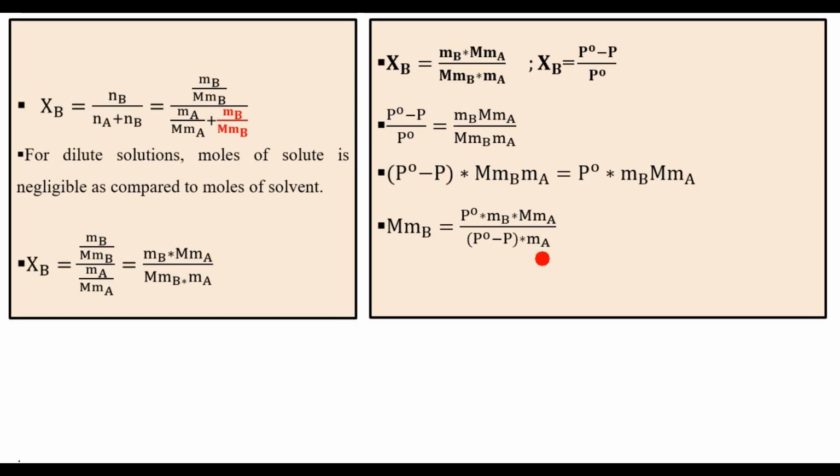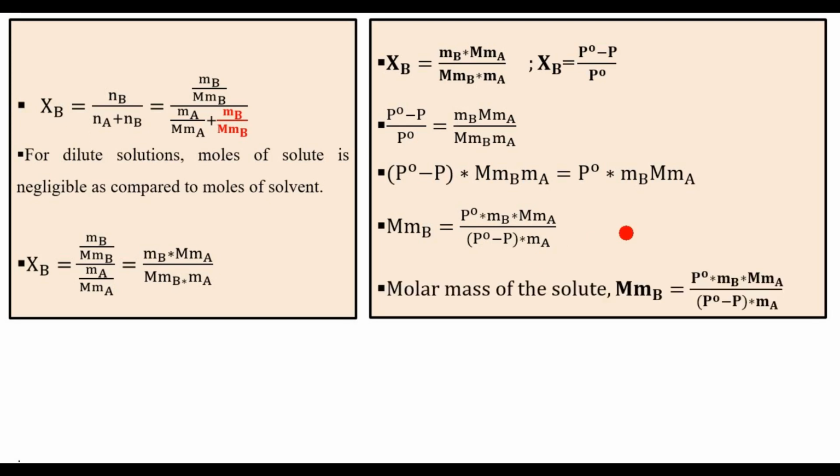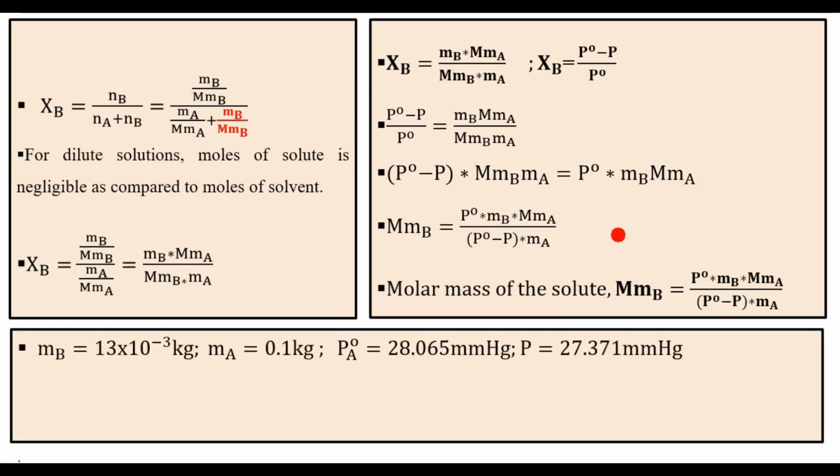Then we can use the formula again to calculate the molar mass of the solid based on the data that were given in the question. Let's now use the formula. The data given in the question: you have the mass of the solid, the mass of the pure solvent, which is water, the vapor pressure of the pure solvent and the vapor pressure of the solution.